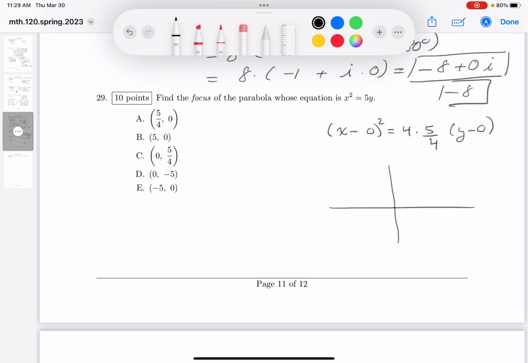I'll put this over here, and the parabola is going to be opening upward like this. And the focus is over here somewhere, right? Now what's the focus going to be? Well, the x-coordinate is going to be 0, but I got to move up to it. What do I move up? 5 quarters. All right, let's look for it in the key, and I'm hoping I'm seeing that, and I am. It's right over here. All right, let's go to the next question.